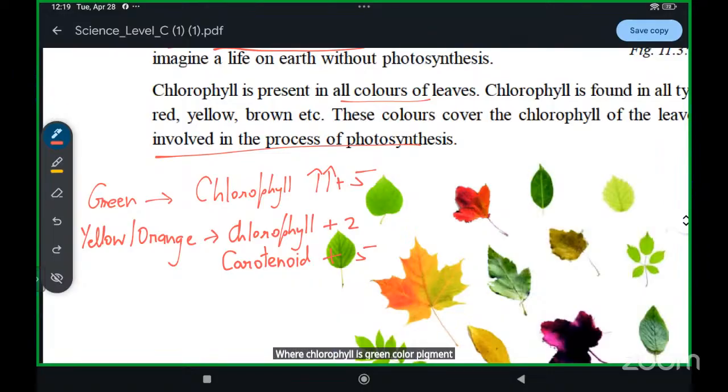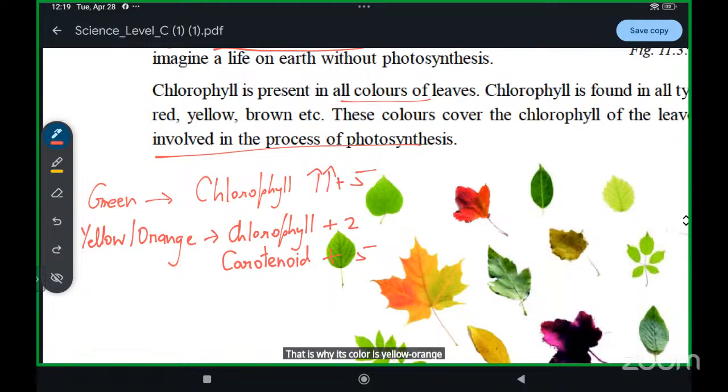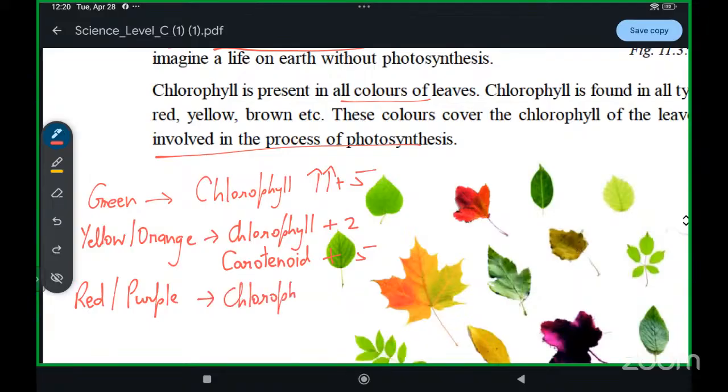Because the yellow-orange pigment is more in the yellow-orange leaf compared to the chlorophyll, its color is yellow-orange, but it still has chlorophyll, so it can prepare its own food. About red or purple leaves, they also have chlorophyll, let's say 2 points.